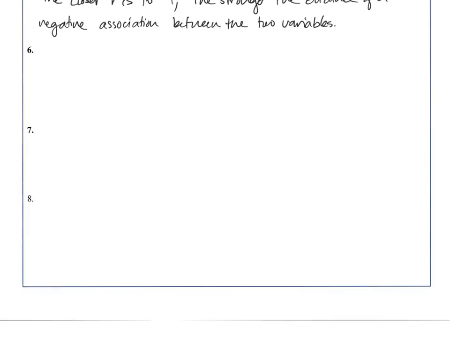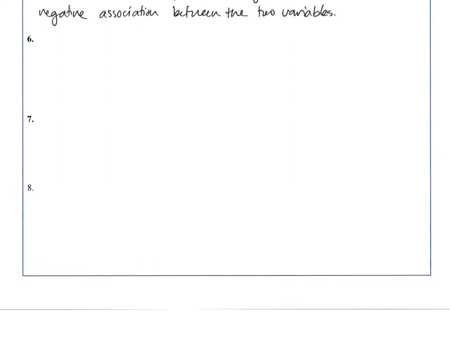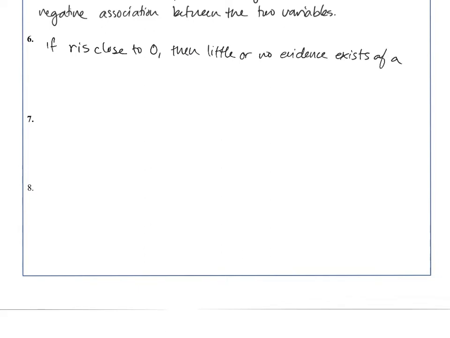And 6. If r is close to 0, then little or no evidence exists of a linear, and note here we say linear, relation between the two variables.